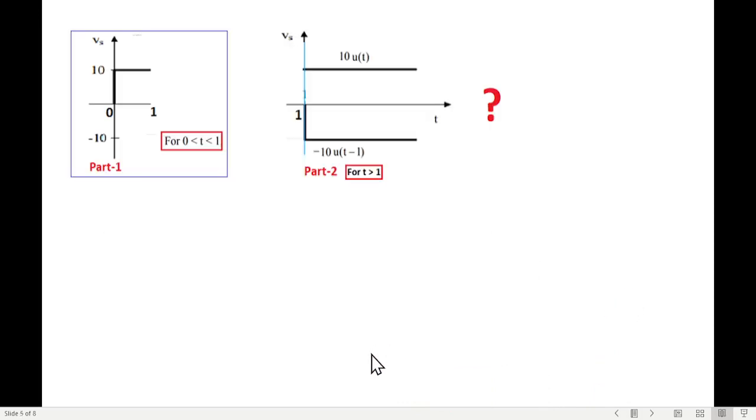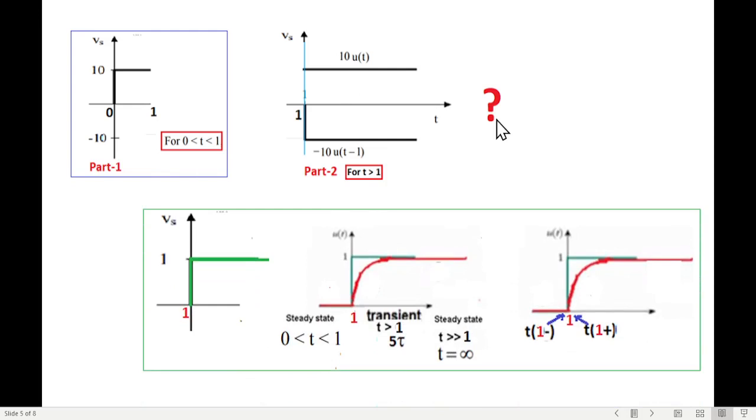Okay, so in the second case, part 2, there will be some changes. The first is the change in the origin. This will now start from 1 instead of 0. So same, we're just keeping 1 here. This will now be for t less than 1, and this will be for t greater than 1.